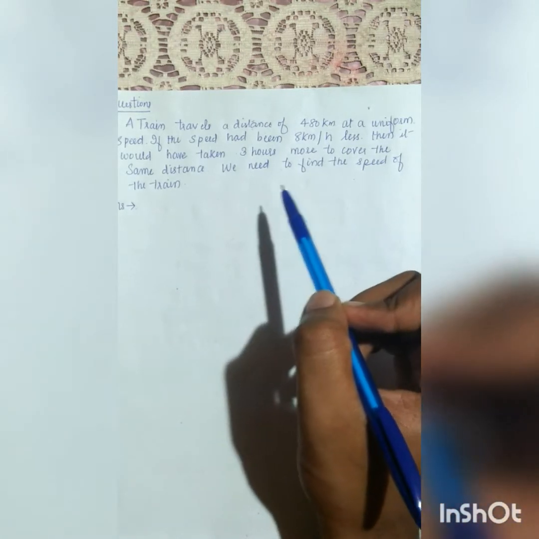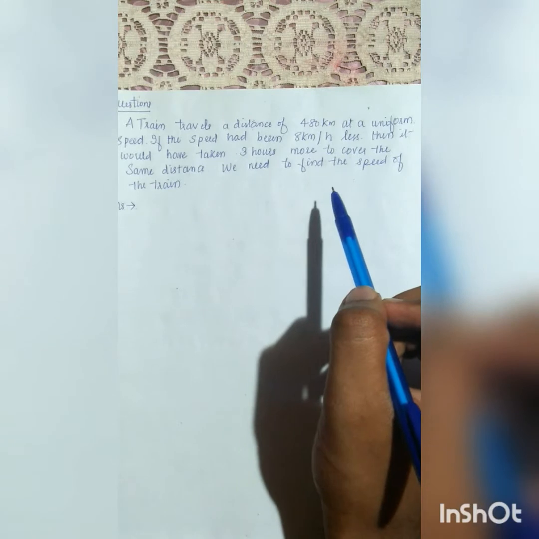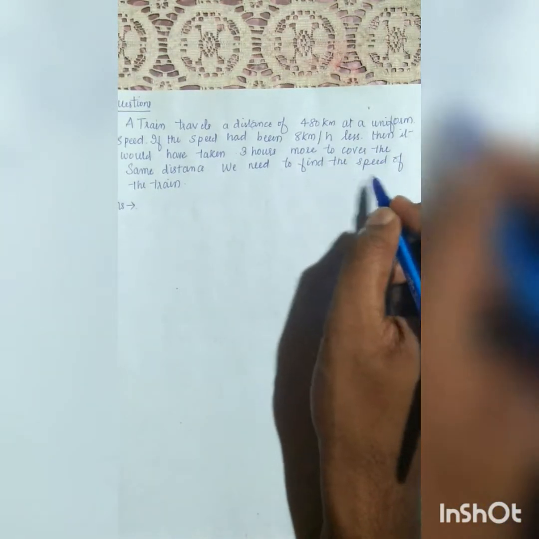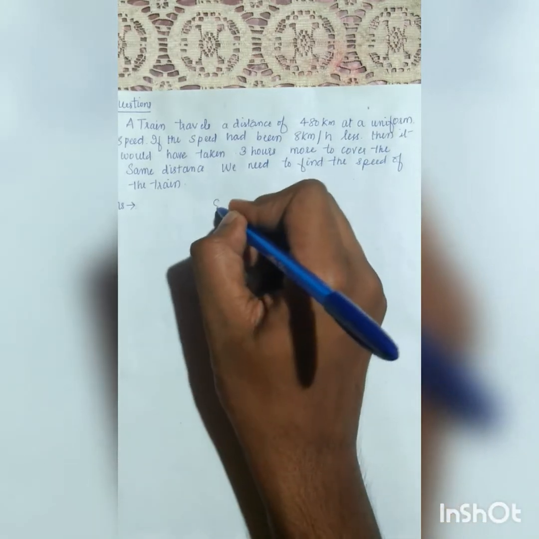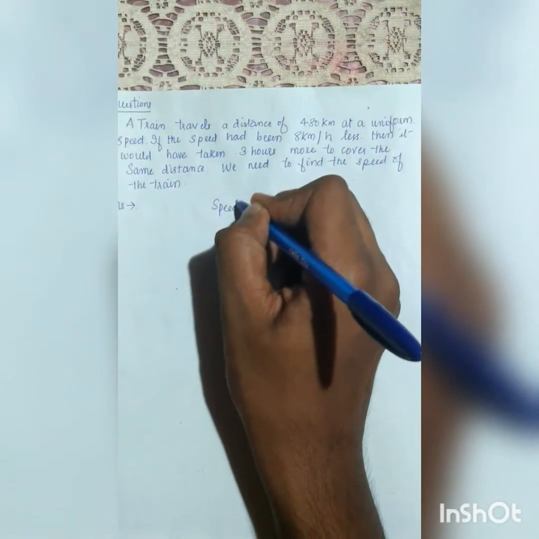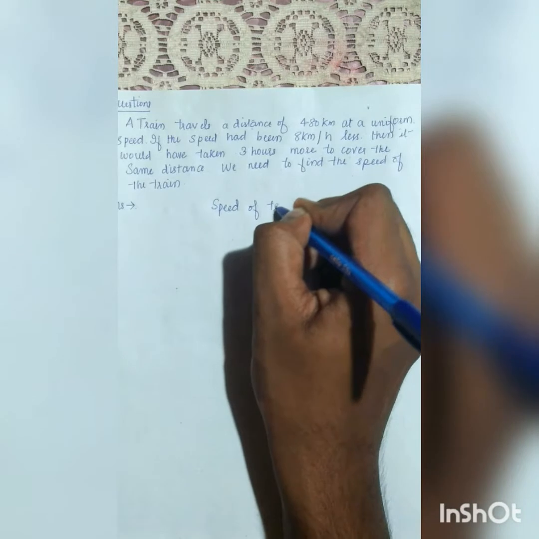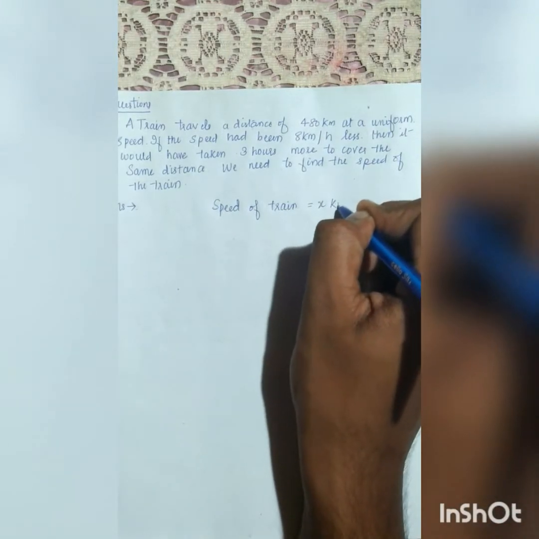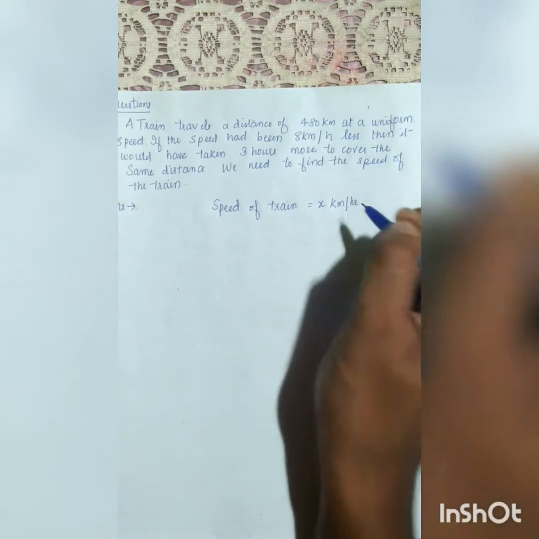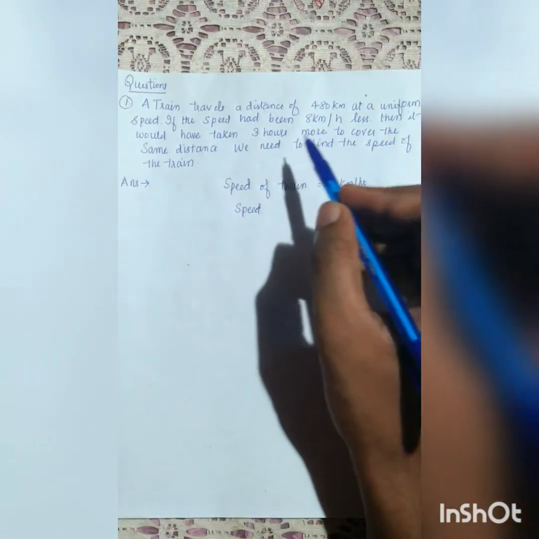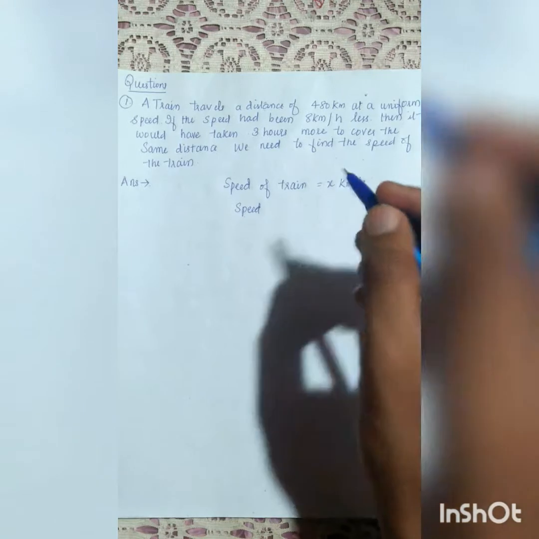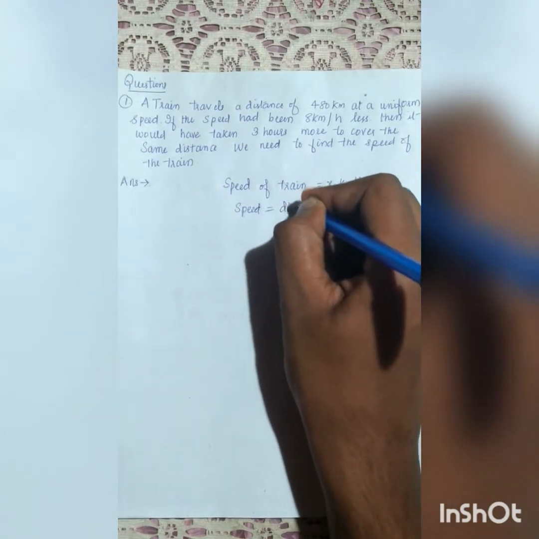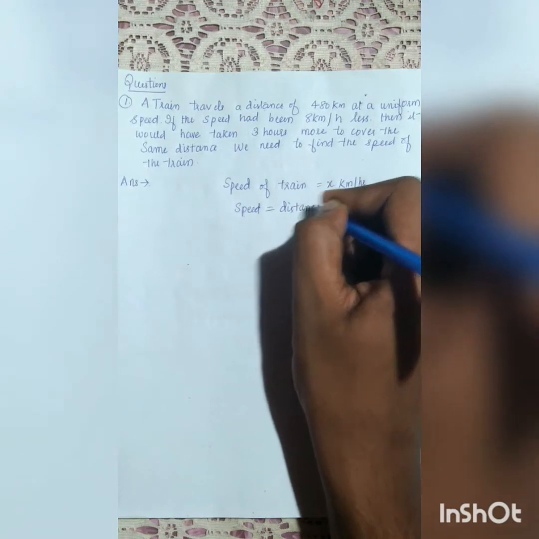For solving such kind of problems, first we need to assume something out of the question. So we assume that the speed of the train is x kilometers per hour. For any speed-distance problem, we always need to keep in mind that speed is equal to distance upon time.